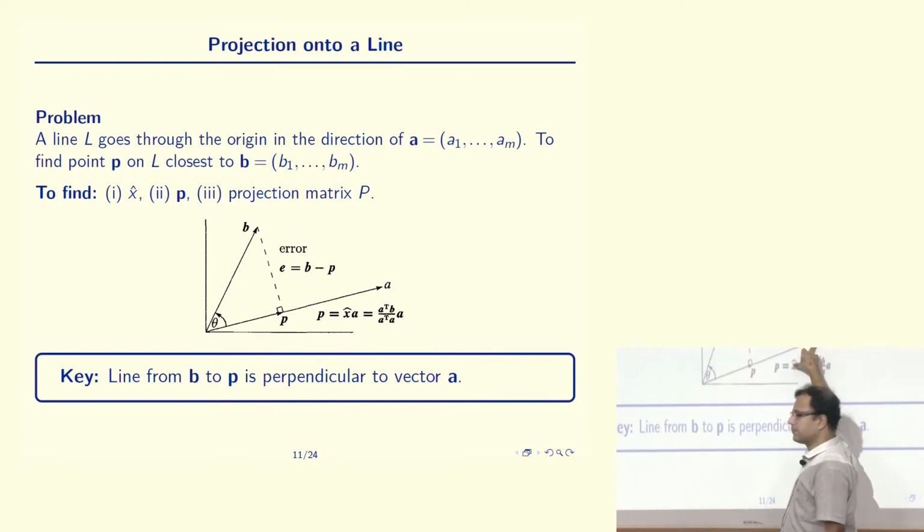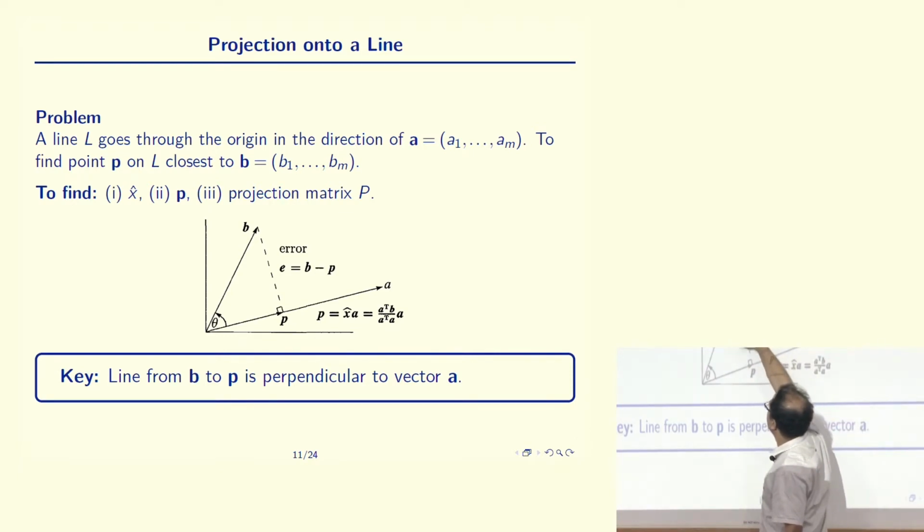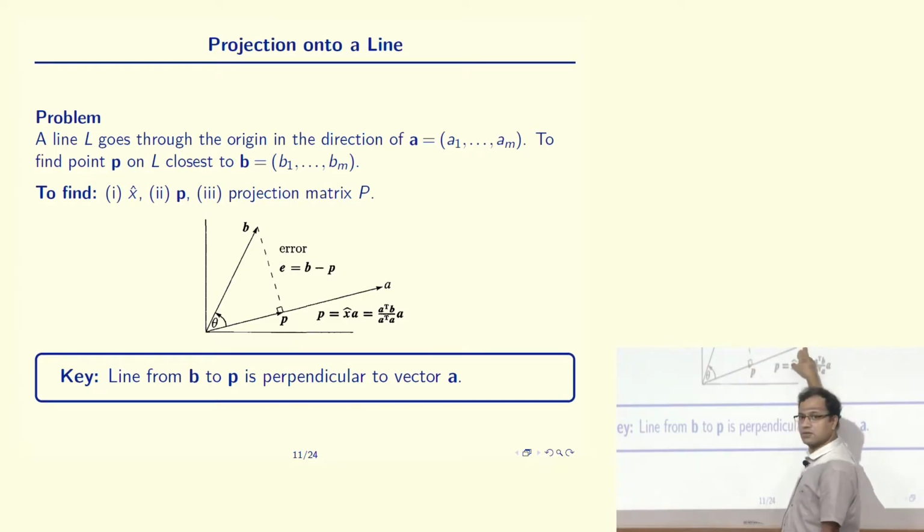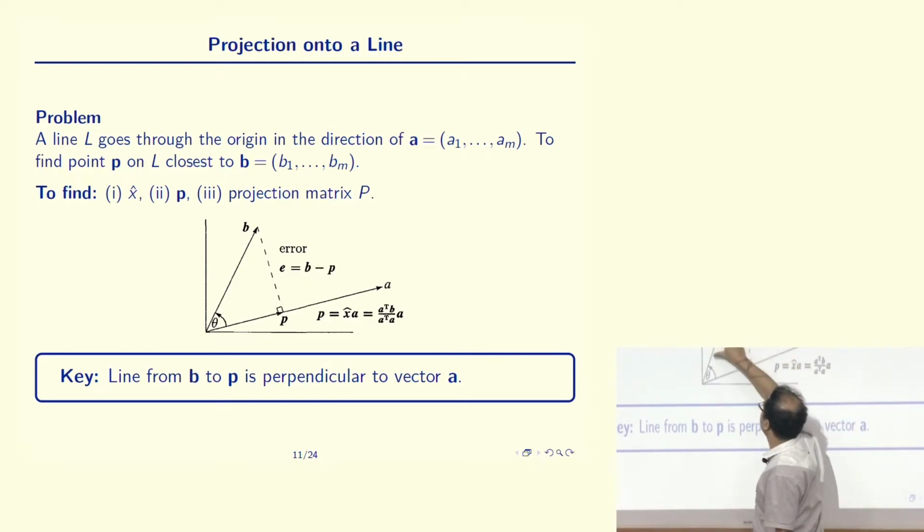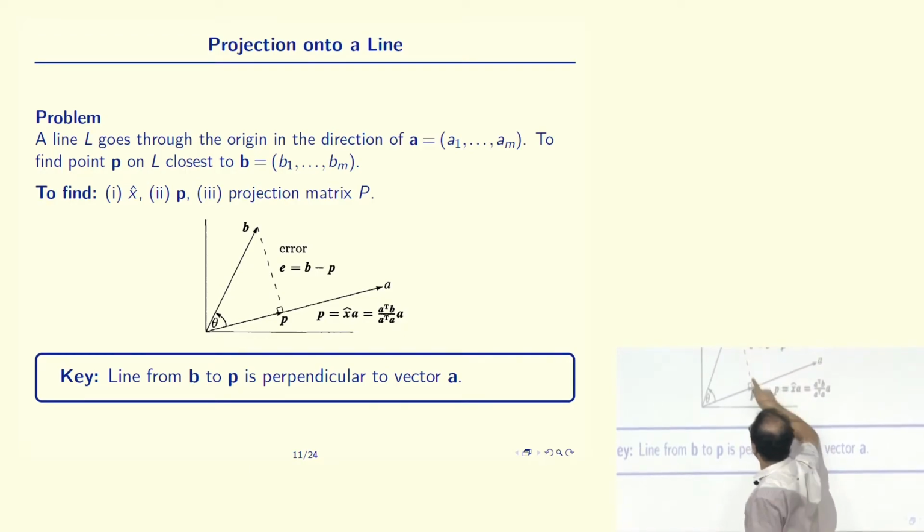Now, if we want to project it, this vector will be perpendicular, orthogonal to this line. Right? We are projecting the B vector on this line, or projecting this point B, so the projection will be such that this line is perpendicular to this A vector.